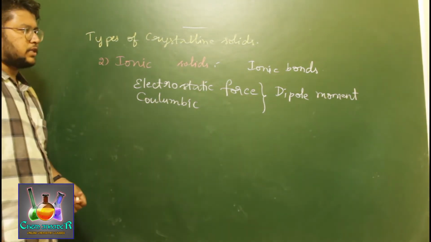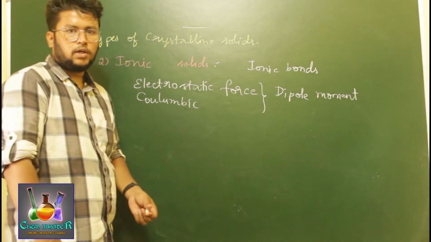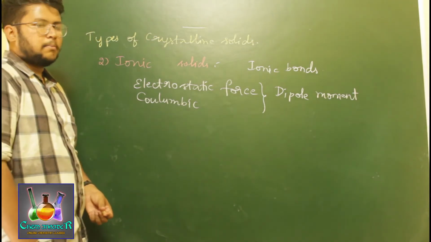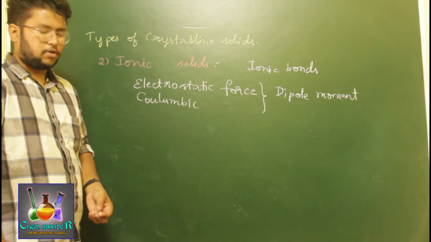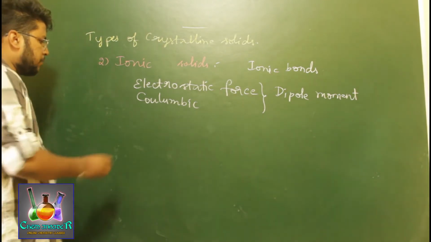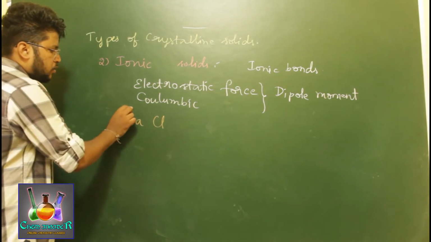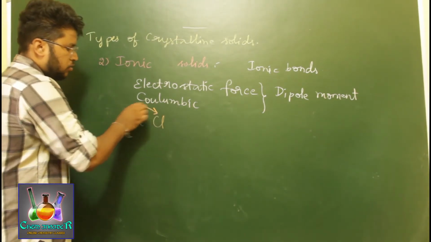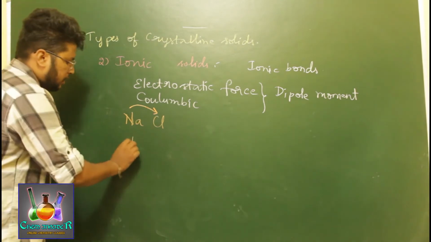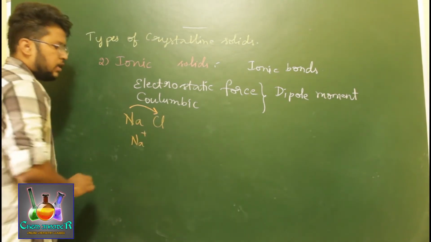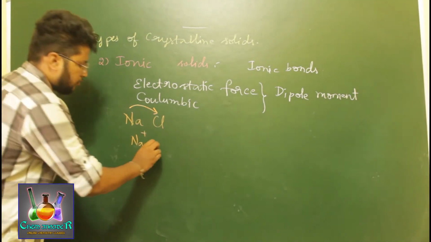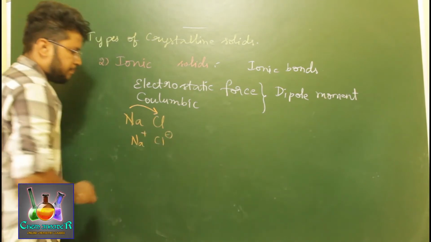This force of attraction makes a molecule formed by two atoms by complete transfer of electrons. For example, consider sodium chloride. Here sodium completely loses one electron to chlorine to form Na+, whereas chlorine completely gains that electron to form the chloride ion.